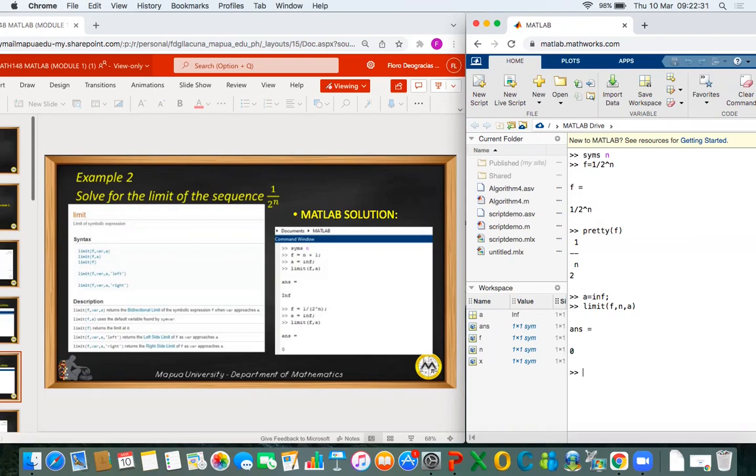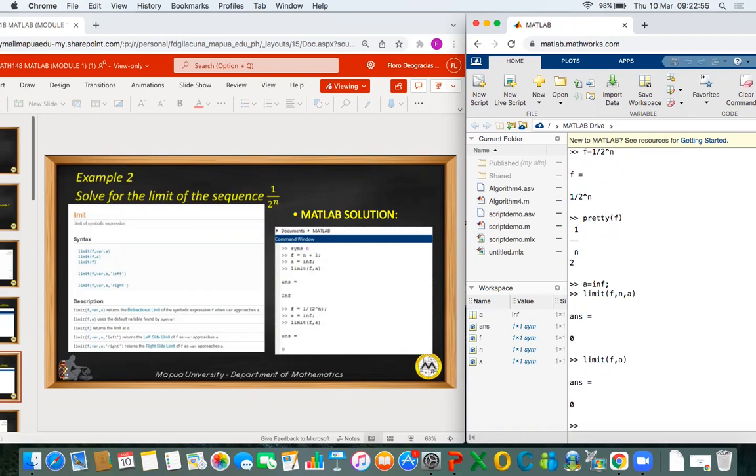Okay, so the answer is 0. So it computes, class, what you have just typed. Now, the other commands or expressions that you have typed were overwritten. Okay, so let us check, class, the other limit of f, a. So the answer is also 0.